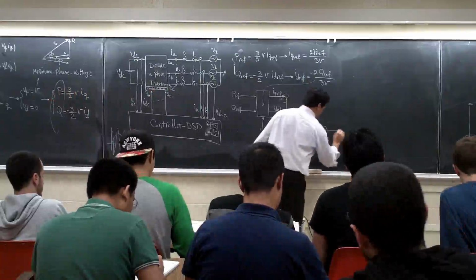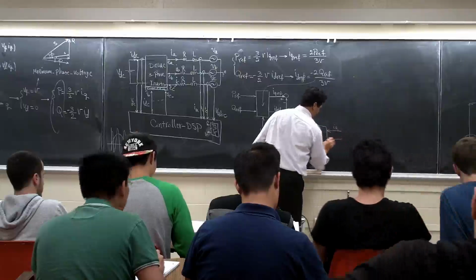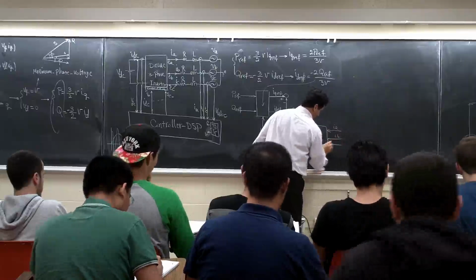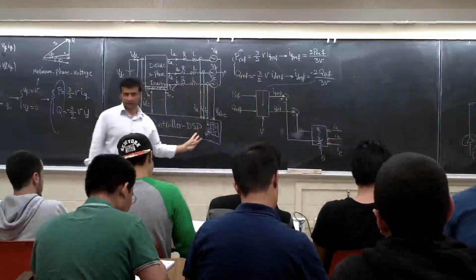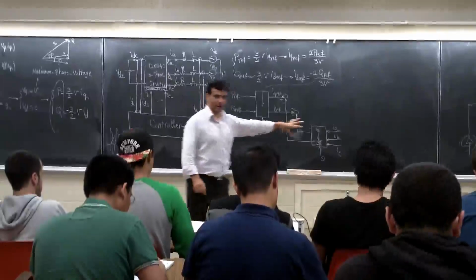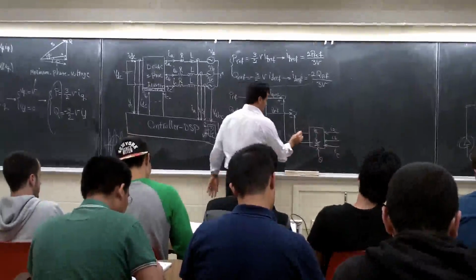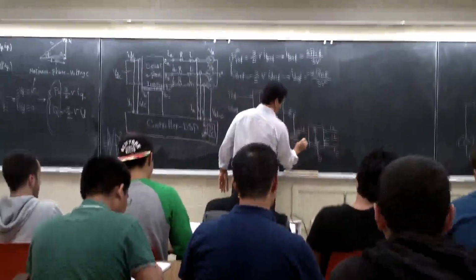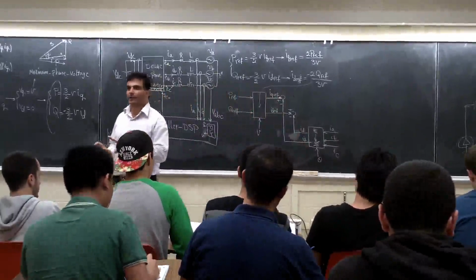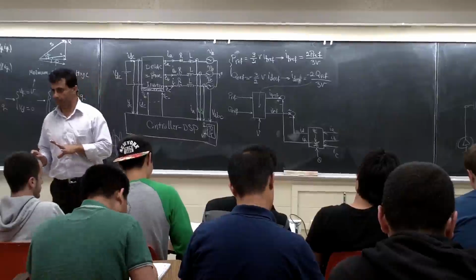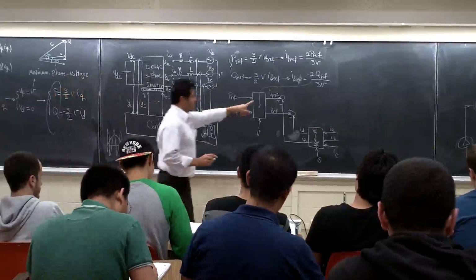So three currents coming here, IA, IB, IC, right? They're going to come here. We convert them to, this is the ID and this is the IQ, right? We get the actual value for ID and IQ. I know how much my reference is.